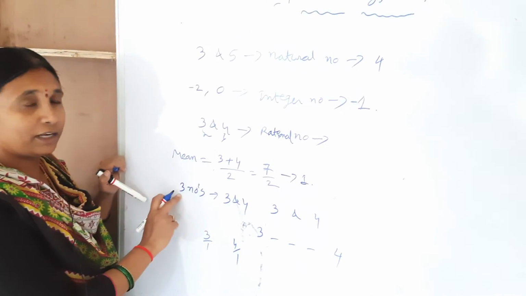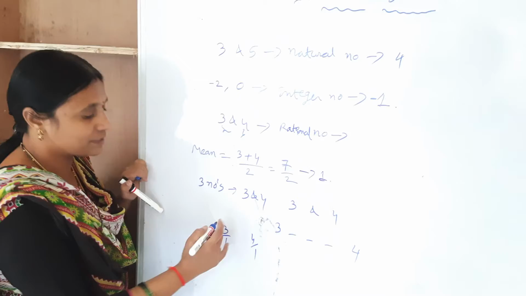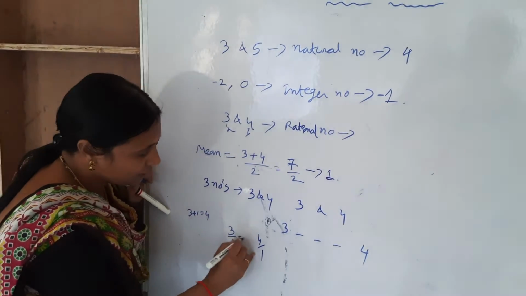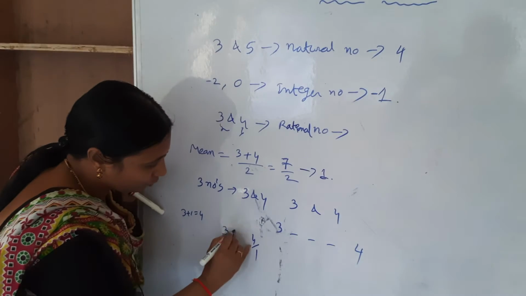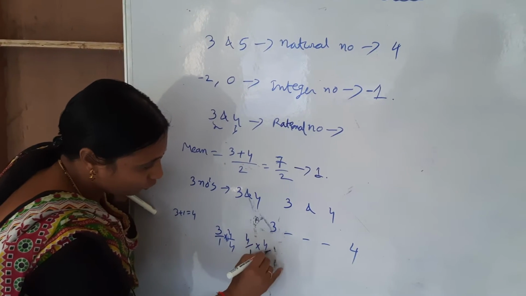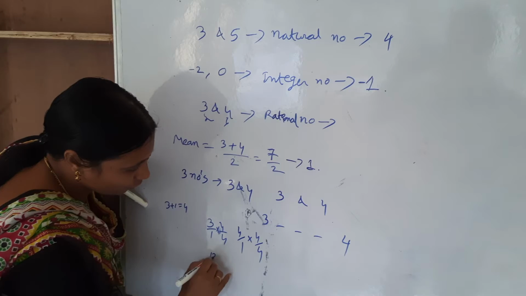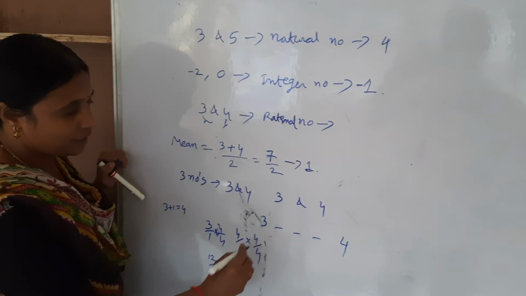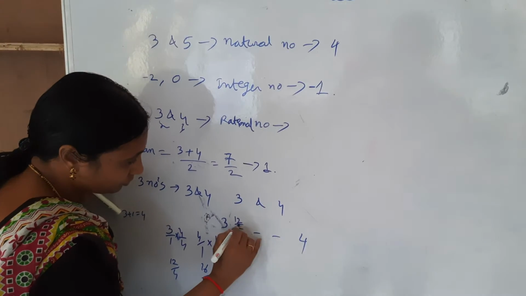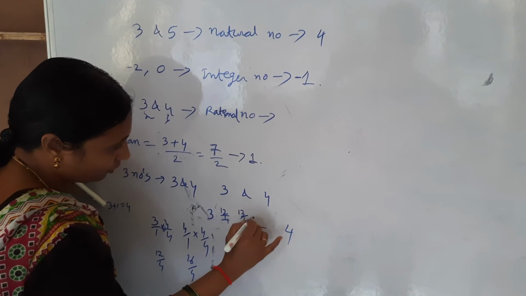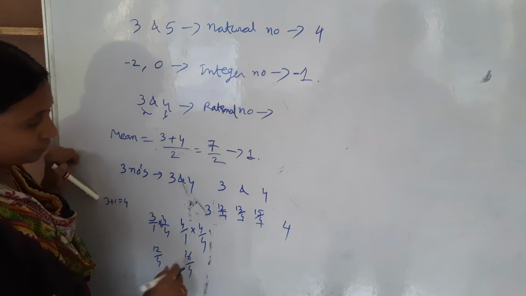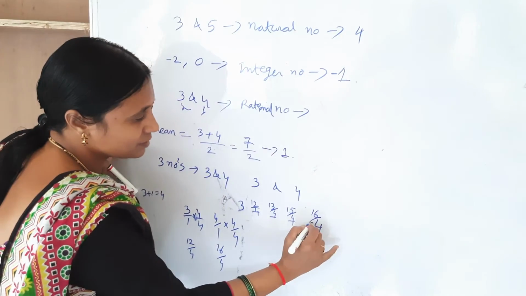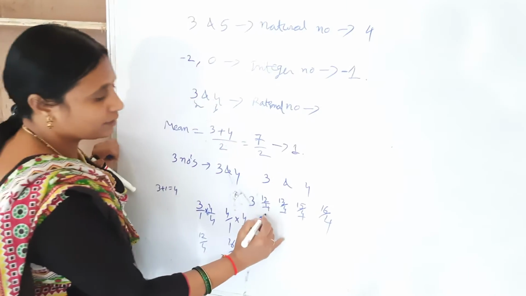How many numbers do we have to insert? 3 numbers, so 3 plus 1 equals 4. We multiply with 4 by 4. Here 3 fours are 12 by 4, and 4 fours are 16 by 4. The numbers are 12 by 4, 13 by 4, 14 by 4, 15 by 4, and the last number is 16 by 4. These are the 3 numbers.